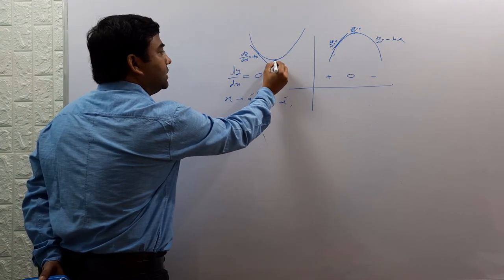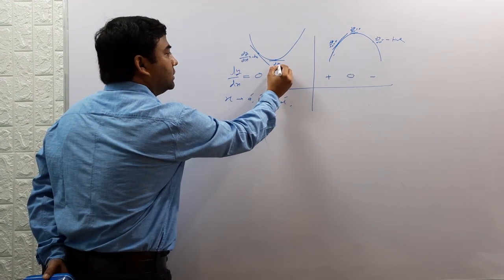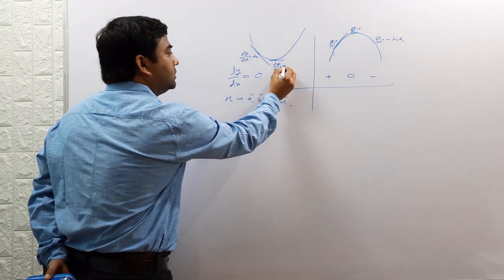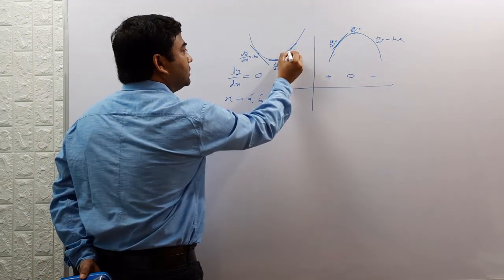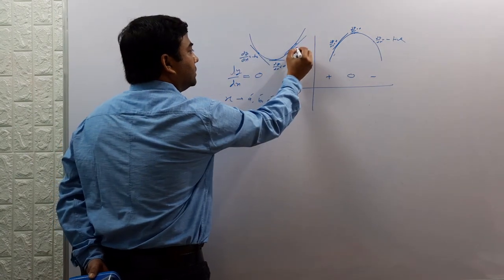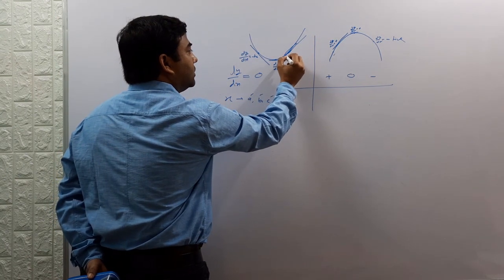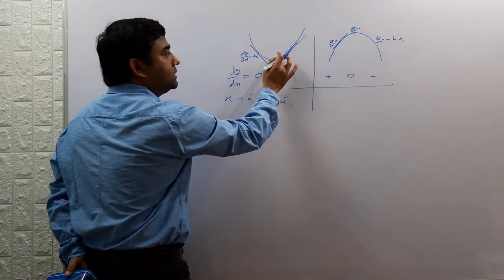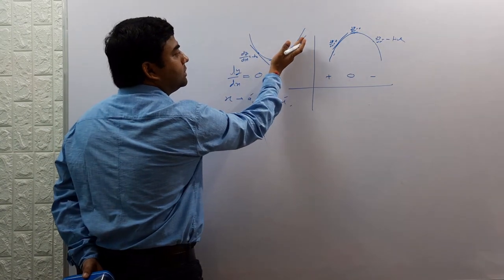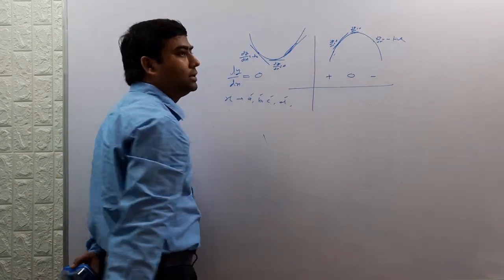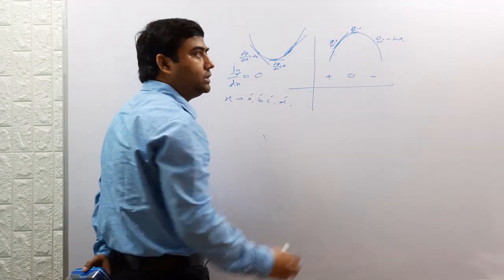Similarly, at this point, the gradient is 0. At this point the function is increasing, hence the tangent will always have an angle less than 90 degrees with the x-axis.